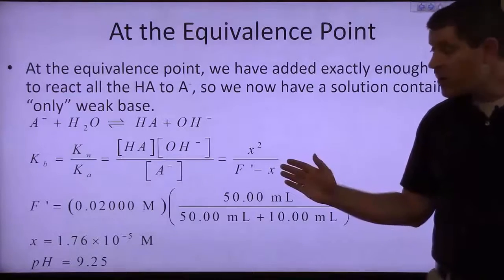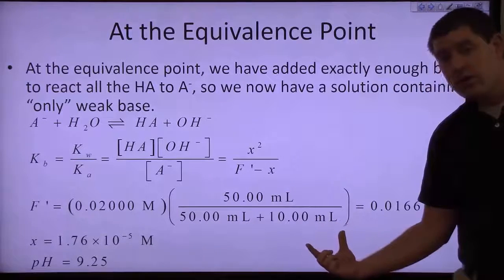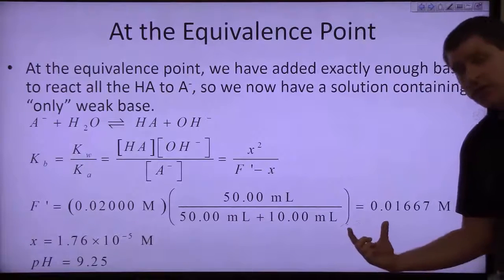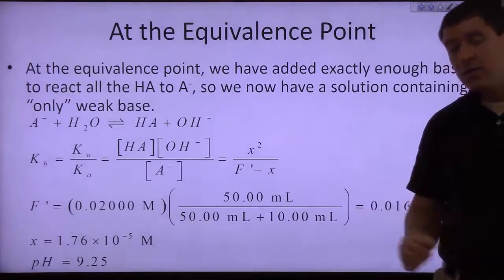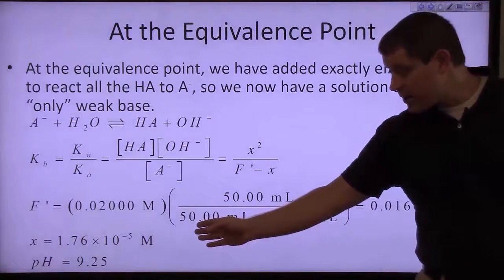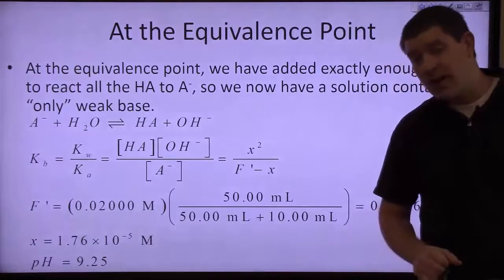Now, note that we have to correct our concentration here for the fact that we have diluted the solution. Once we put in our dilution factor, we get then a smaller formal concentration for our base than the initial starting concentration of our acid, and we end up with a hydroxide ion concentration of 1.76 times 10 to the minus 5 molar, which gives us a pH of 9.25.